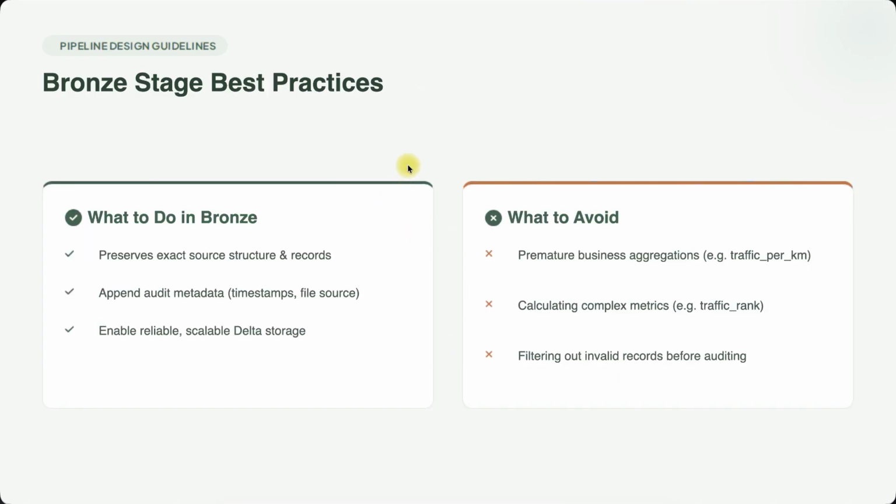At the bronze stage, we should avoid doing too much business logic. For example, we should not immediately calculate traffic per kilometer or traffic range, regional growth. Those belong in the later silver layer. So the bronze layer remains close to the source data.